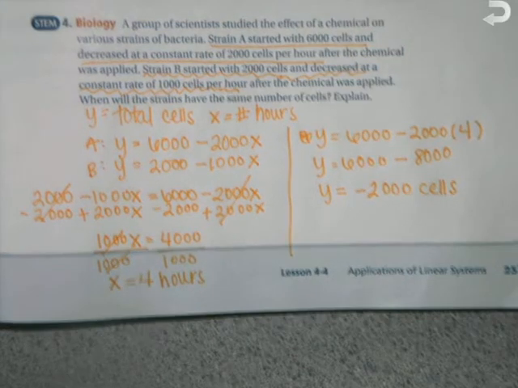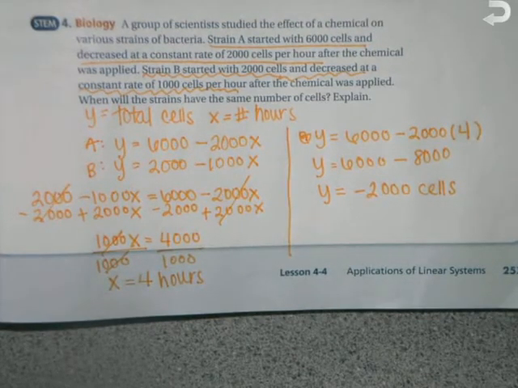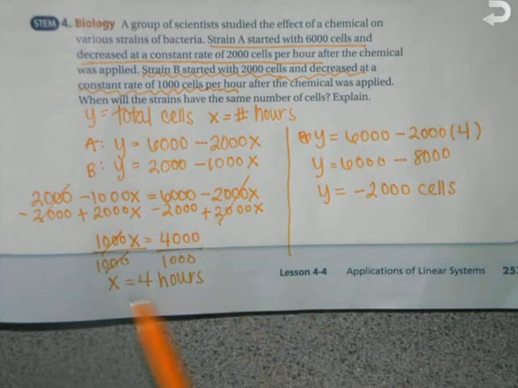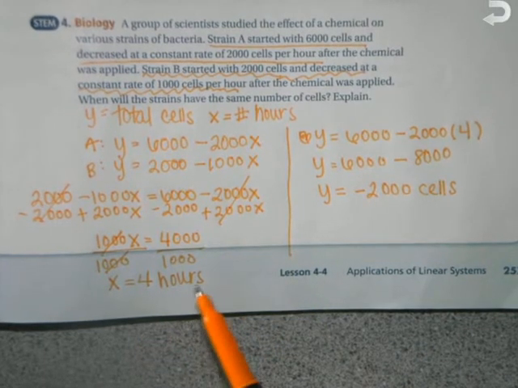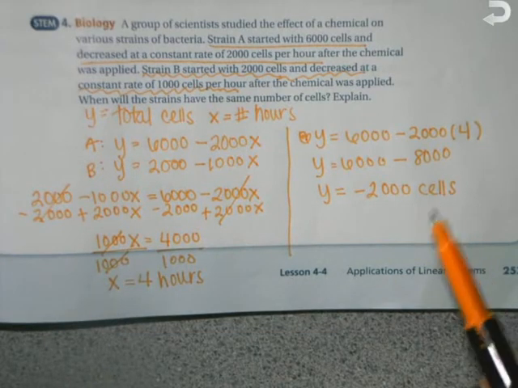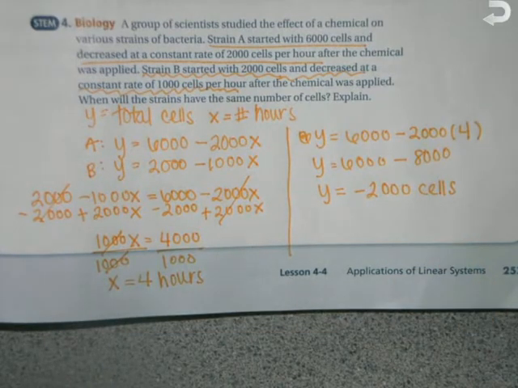Can we have negative cells? No. So when these two become equal, it's after 4 hours. But by the time one of them eliminates all the cells, has the other one even caught up yet? So will they ever have the same number of cells? No. So this solution does not make sense.